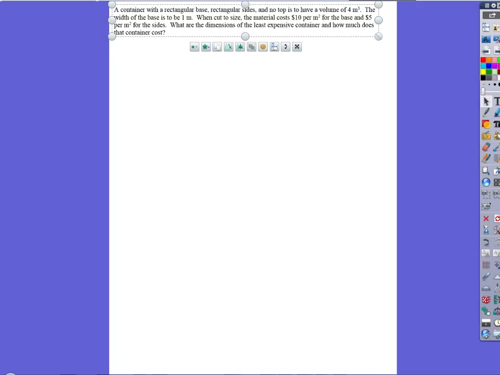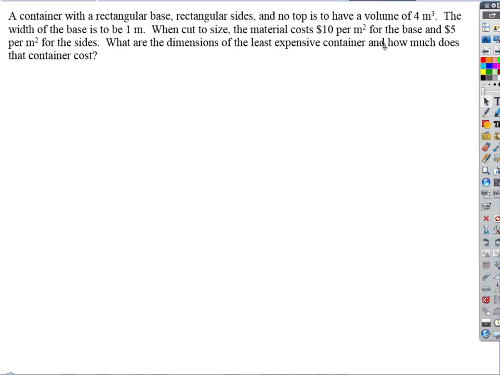But there's an important reason why I think you need to see stuff like this, because it's a weighted problem, right? You have some weighted area because the cost per unit area is different for different parts of this figure.